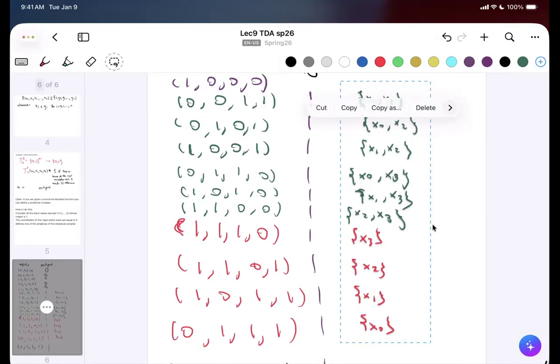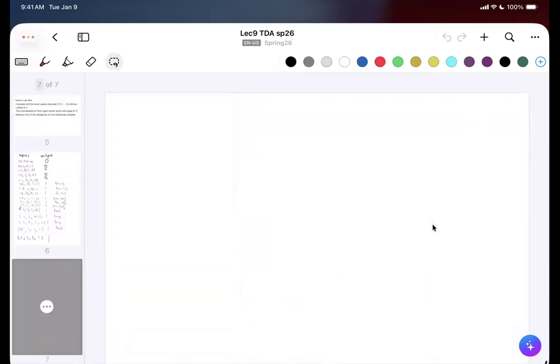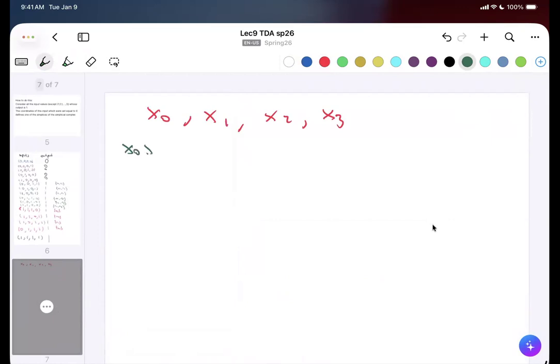Making a picture is an additional thing to get some extra geometric intuition, but the complex itself is just determined by this list. I'll write the vertices this way. Another way to write the edges, if you don't want to use the set notation, is to just concatenate them, which is also convenient because it's a little bit faster.